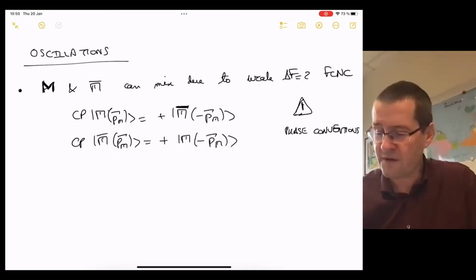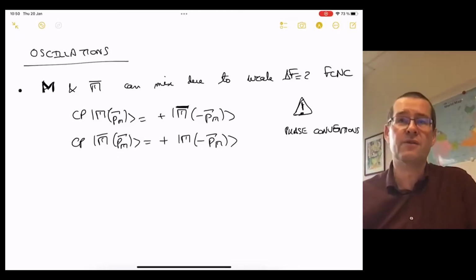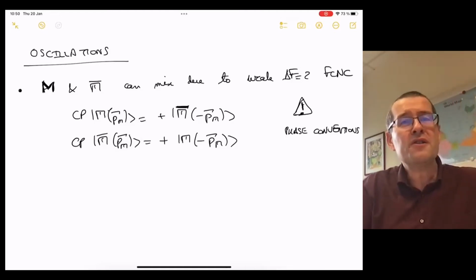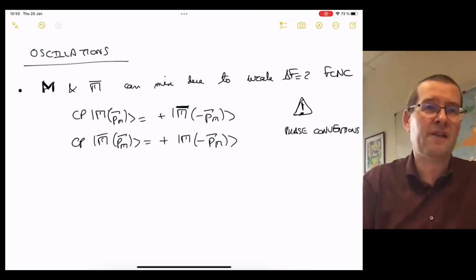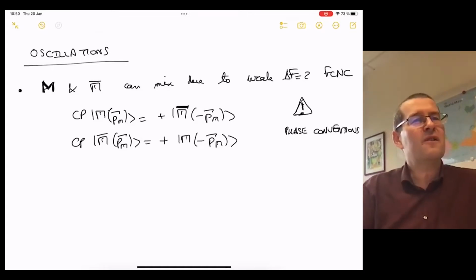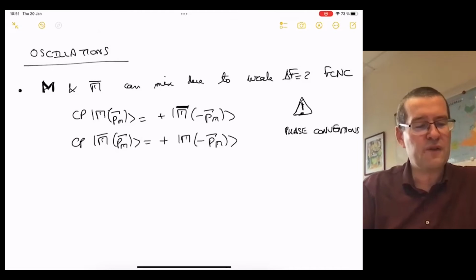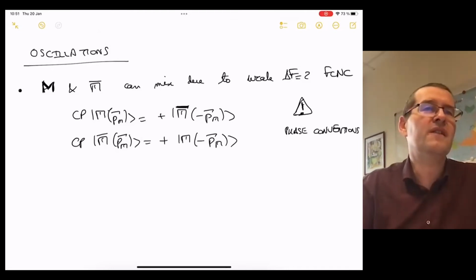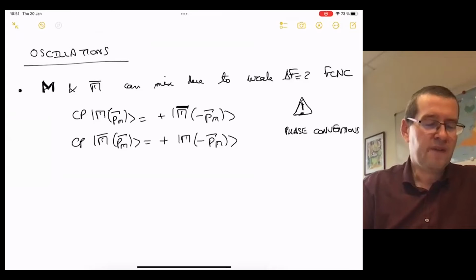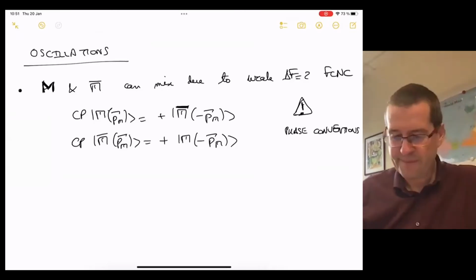Very often it's not a question of a mistake, it's just the fact that you're looking at something which is not an observable, and then it depends on conventions that are sometimes stated or sometimes not. Okay, I'm closing the parenthesis, but it's just to highlight the fact that, especially for this kind of discussion, you have to be careful about phase conventions.